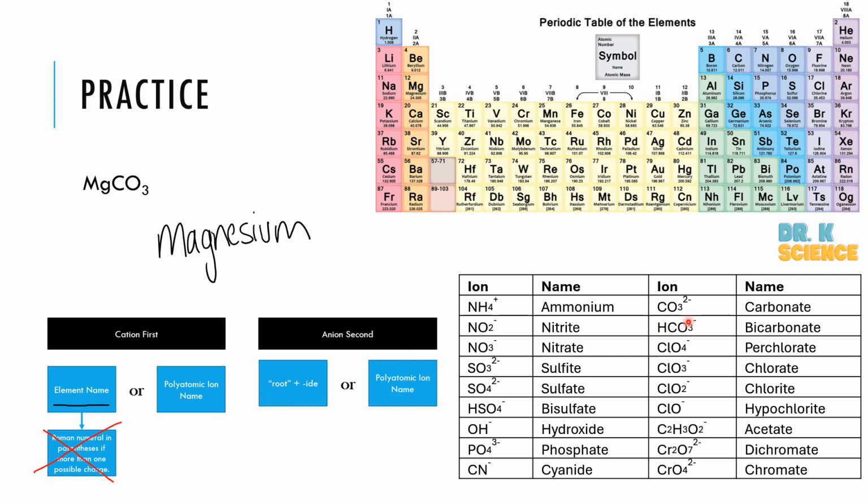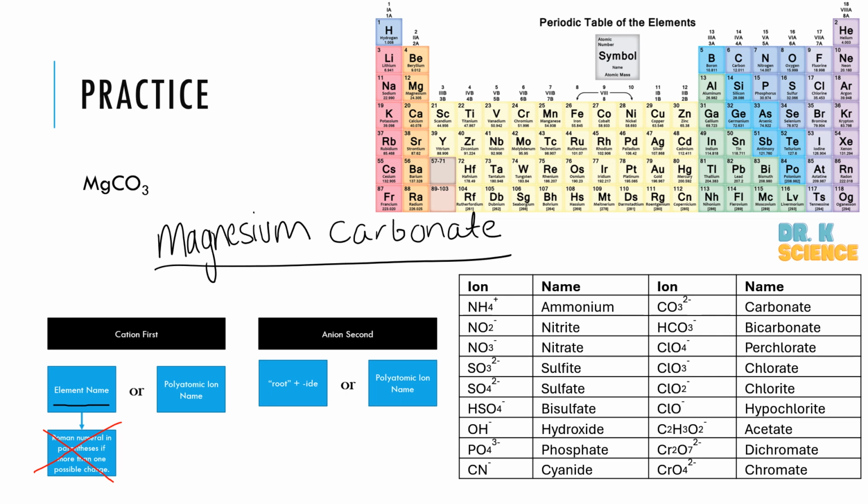Now CO3 is right here, and it says its name is carbonate. All we need to do here is write carbonate. So these are two words. Our first word is magnesium, that's our cation. Our second word is carbonate. Our overall name for this is magnesium carbonate.